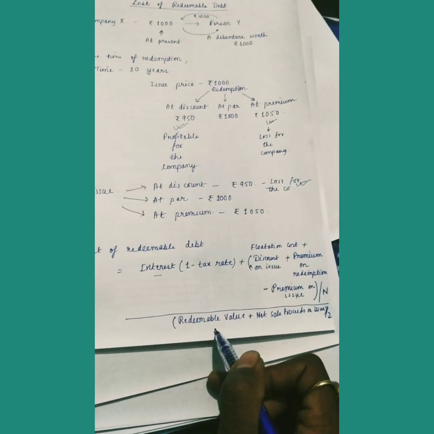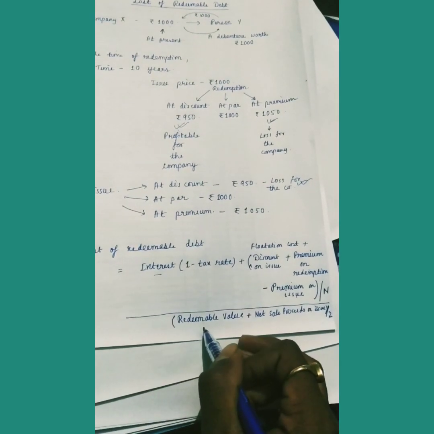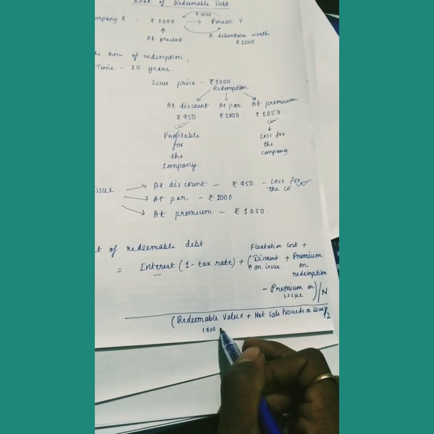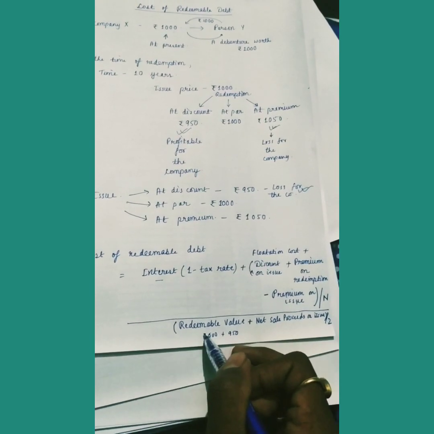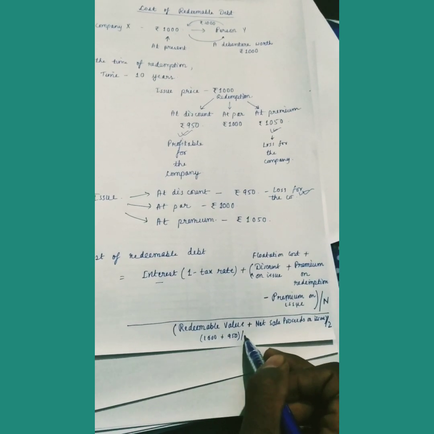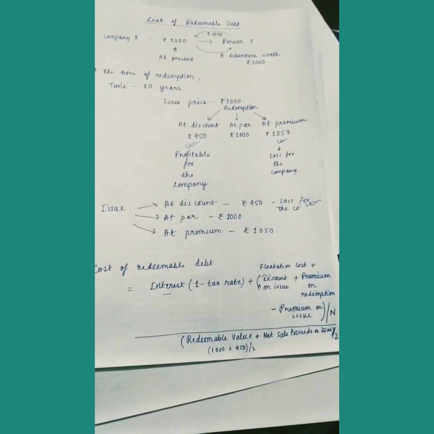So take an example, redemption can be done at rupees 1000 and if the net proceeds was rupees 950, we will take 1000 plus 950 by 2. It will be 975. Fine.